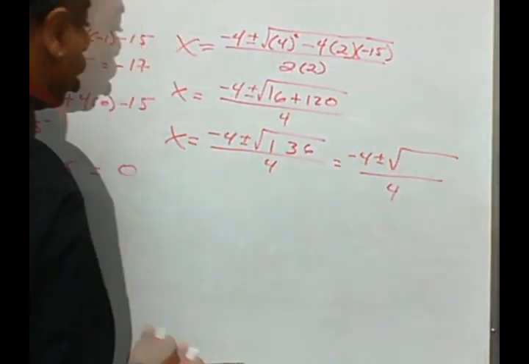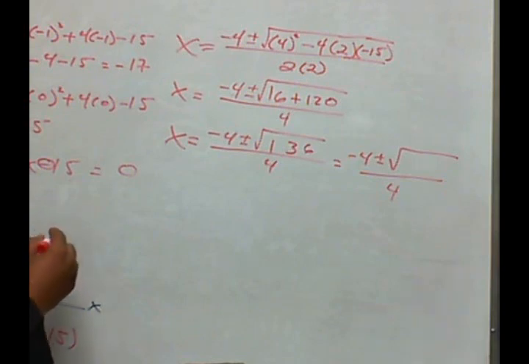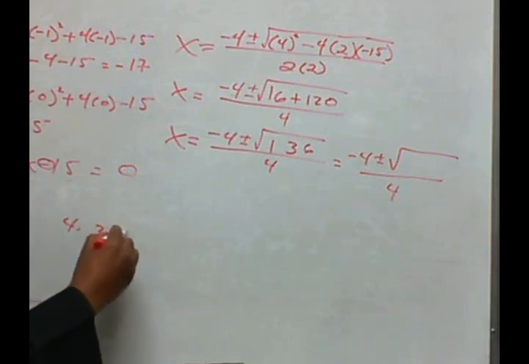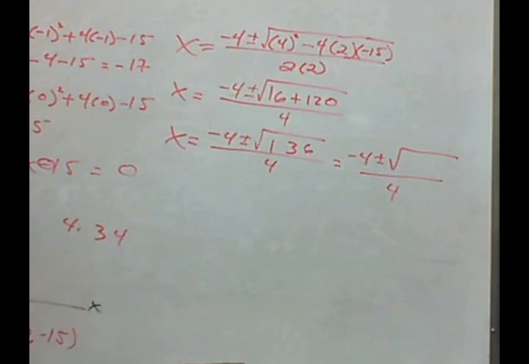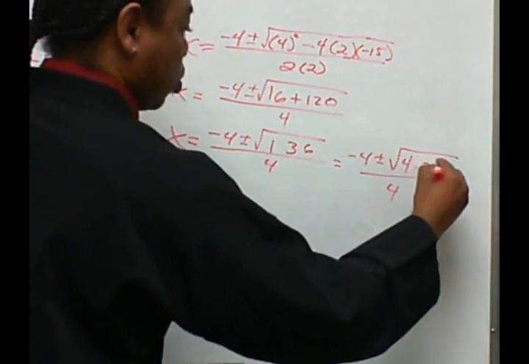Let's look. 136, let's see. 4 can go into 13 3 times. And then 4 goes into 16 4 times. So that's 4 times 34. So we got a perfect square in there. 4 times 34.